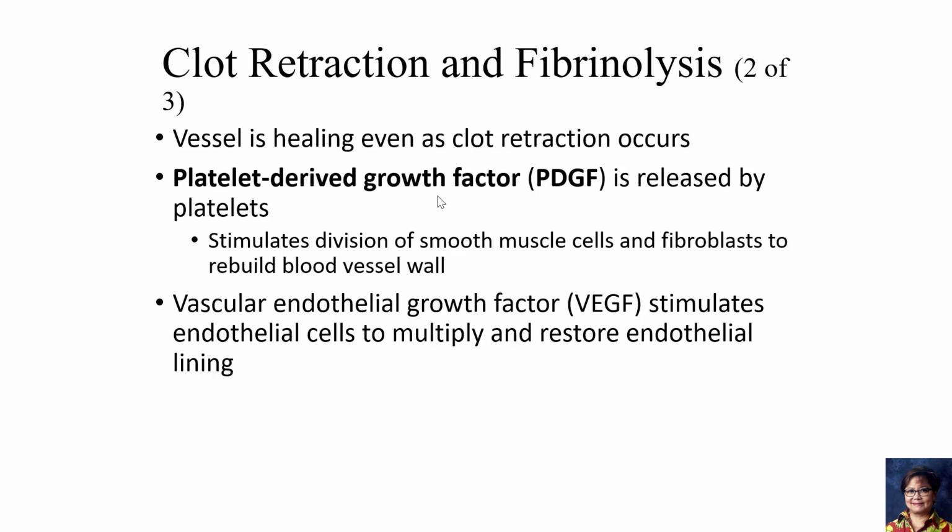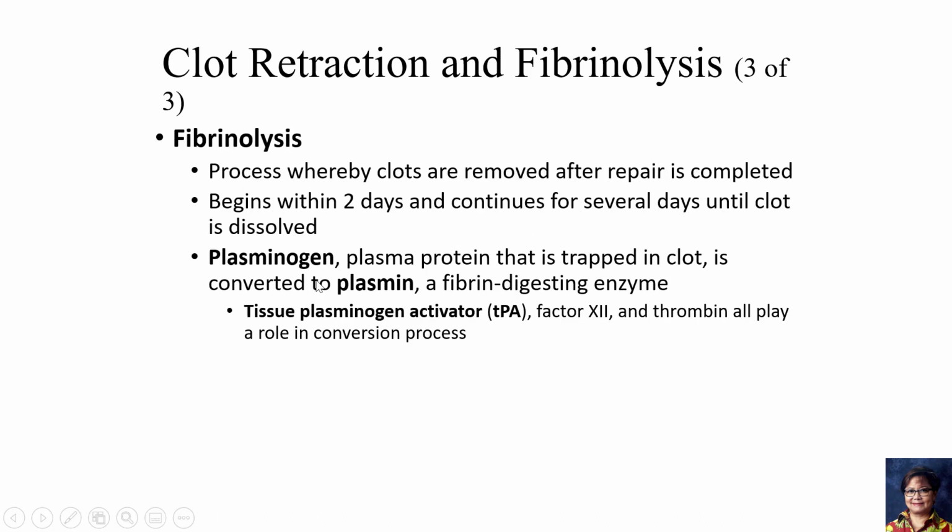The blood vessel will now be regrowing and regenerating itself. Okay, and this is the start of the healing process. But what happens to the clot? Well, the clot needs to be taken away. So fibrinolysis starts there, all right?